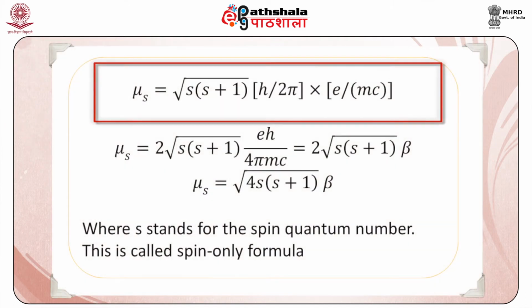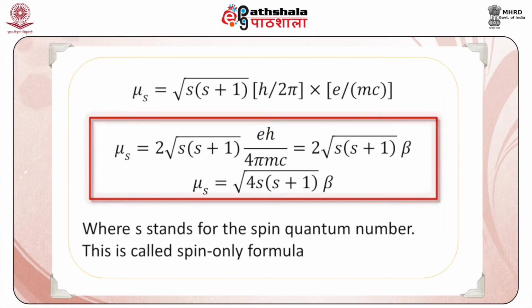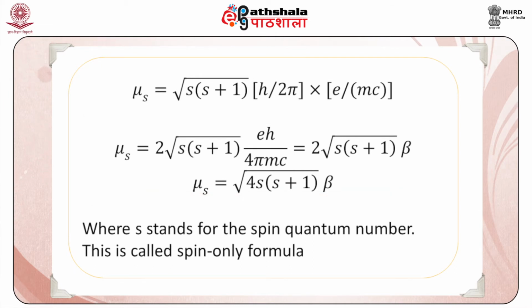Mu s is equal to under root s into s plus 1 into h upon 2 pi into e upon mc, and becomes mu s equals 2 under root s into s plus 1 into eh upon 4 pi mc, which becomes equal to 2 under root s into s plus 1 beta, where s stands for the spin quantum number.